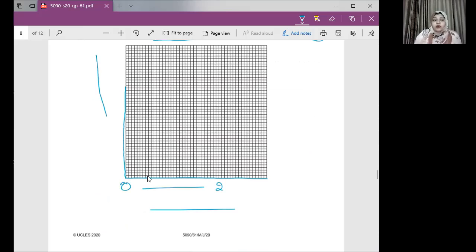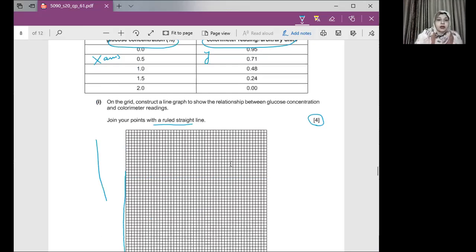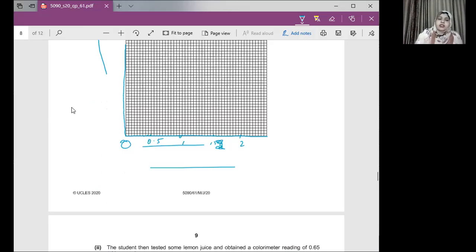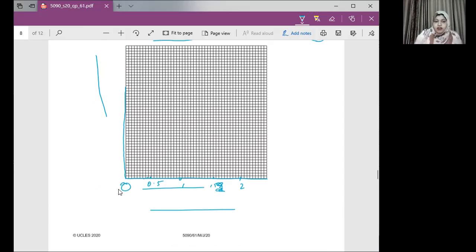Okay, 0, after 10 small boxes you can go for 0.5, then 1, then 1.5, then 2. Make a distance of 10 small boxes. Here you can go from 0 till 9.5. It's up to you. Either after 5 boxes you use 0.1, then 0.2, then 0.3, and so on and so forth. Keep it in your mind.